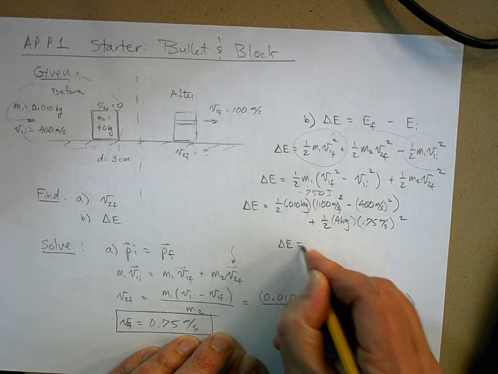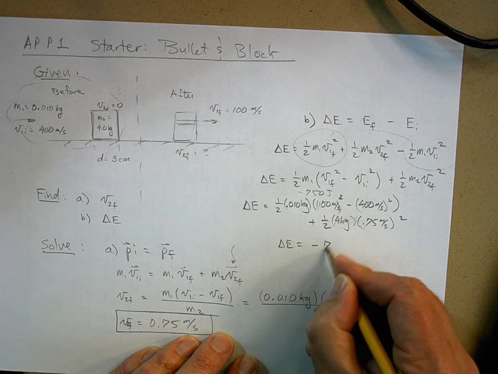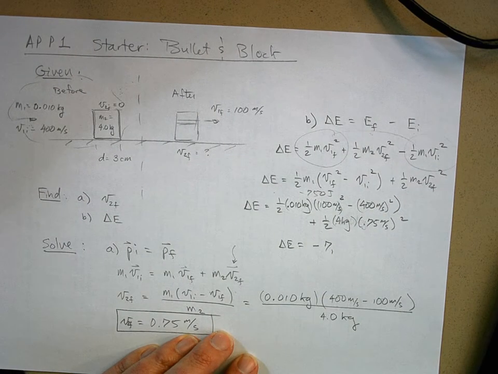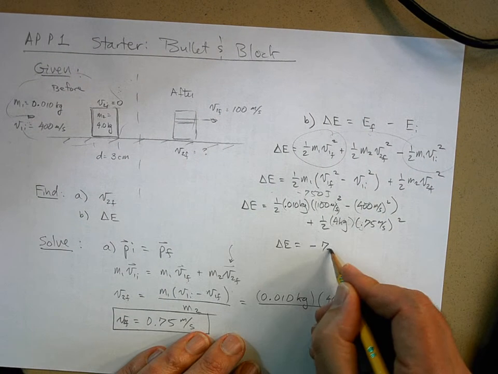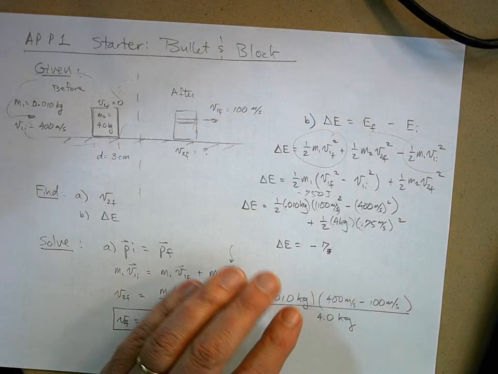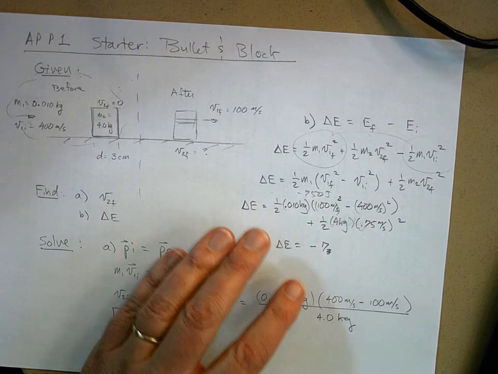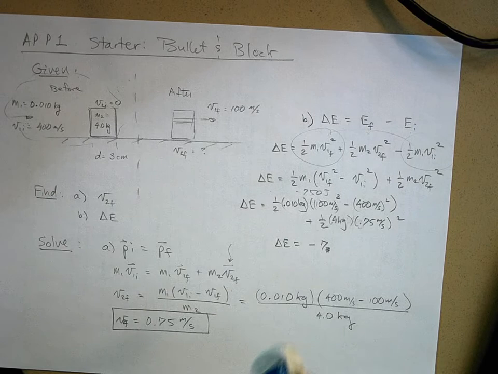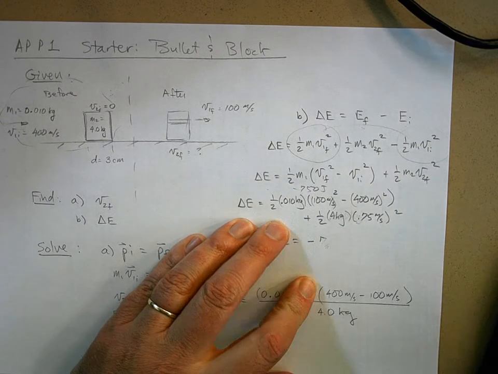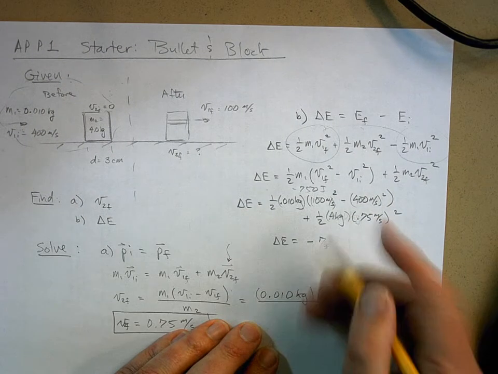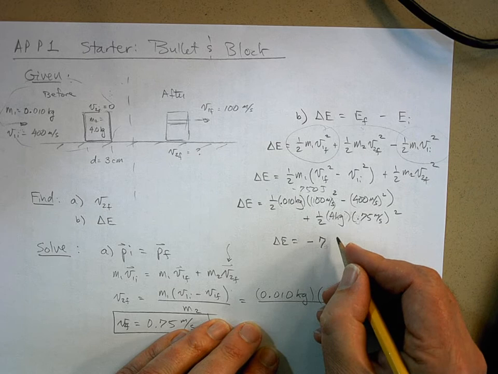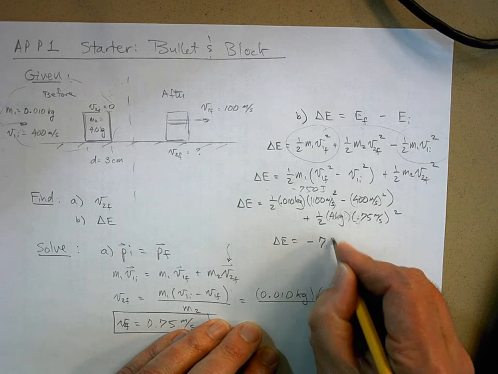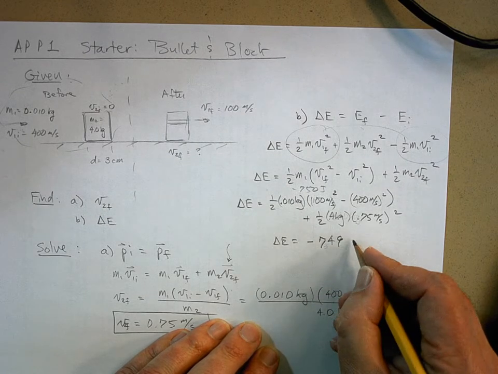Delta E equals negative 749, if I round off, joules.